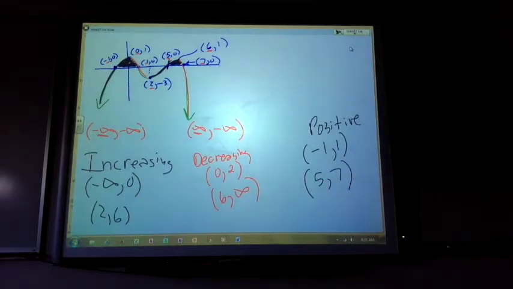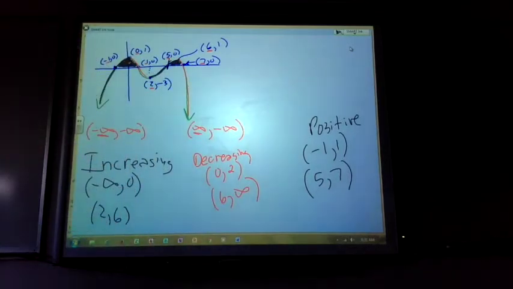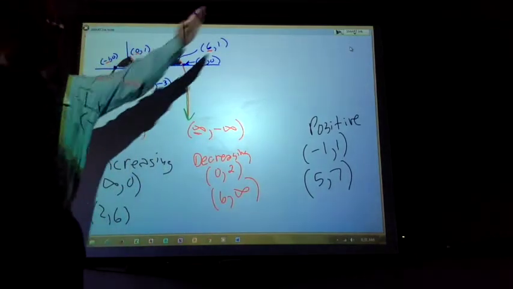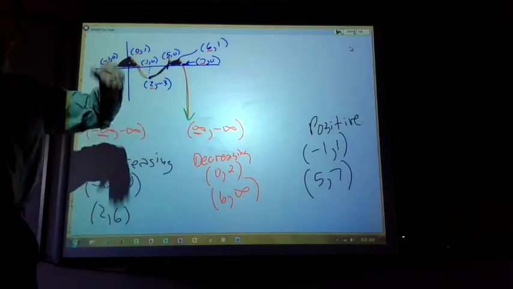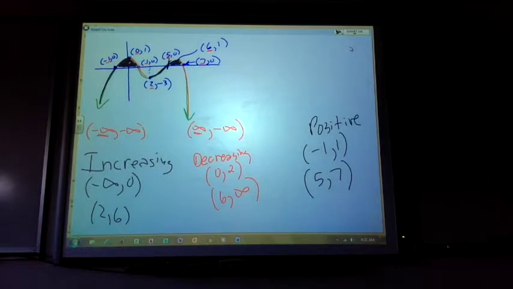Wait, how is it positive from 5 to 7 when it goes from 6 to 7? It's decreasing. Okay. Increasing just means it would head toward the upper right. If it's positive, it means it's above the x-axis.